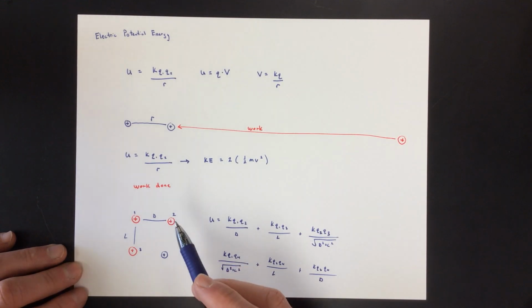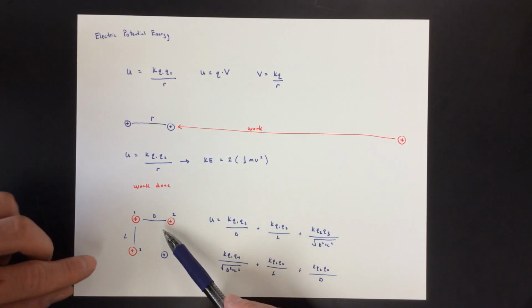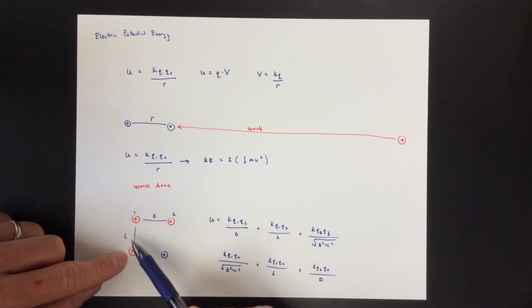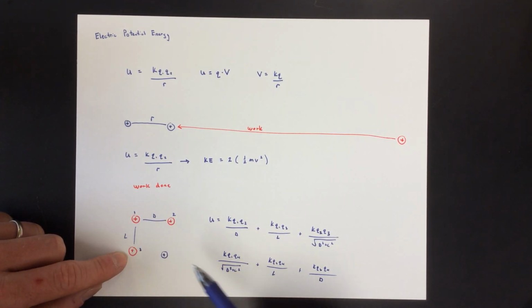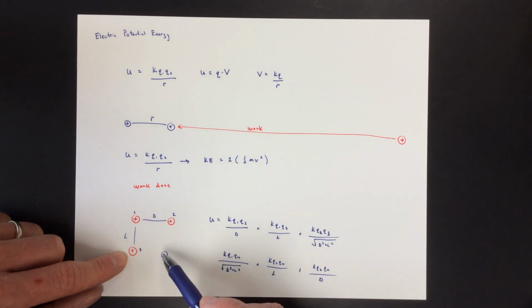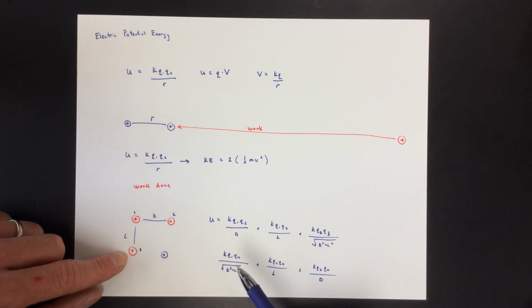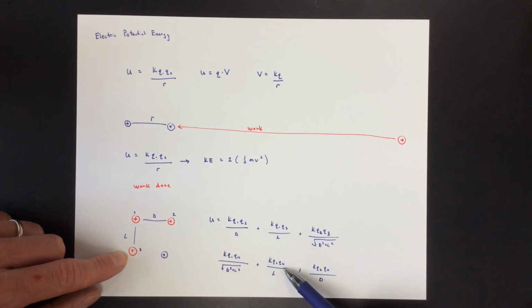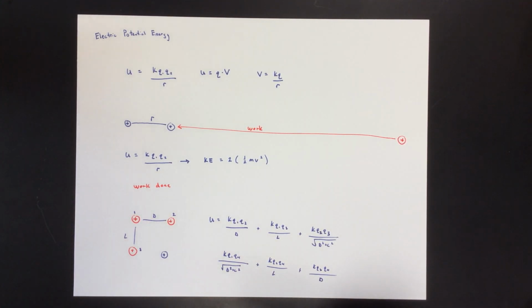Sometimes, like I said earlier, they'll say the red charges are already glued in there, you've already done that work. How much work is required to bring a fourth charge in? Well, then you would just need these terms. You would just need the work done to bring in the 4, and the 4 fights against the 1, the 2, and the 3, which were these 3 terms. So I encourage you to read carefully.